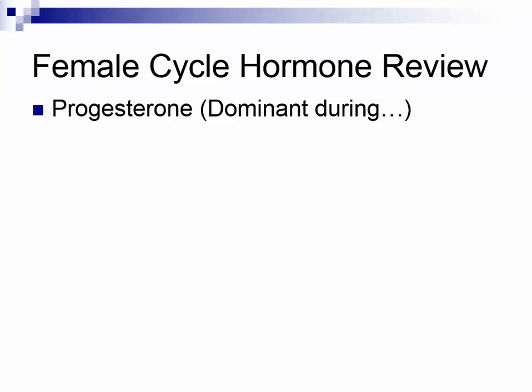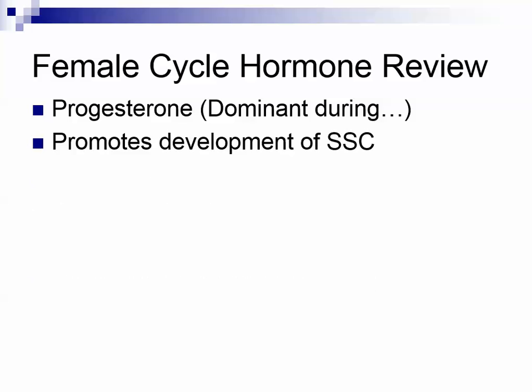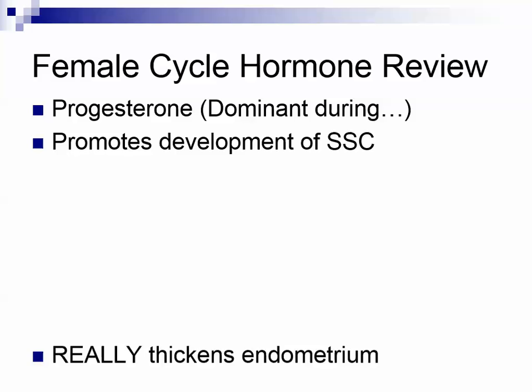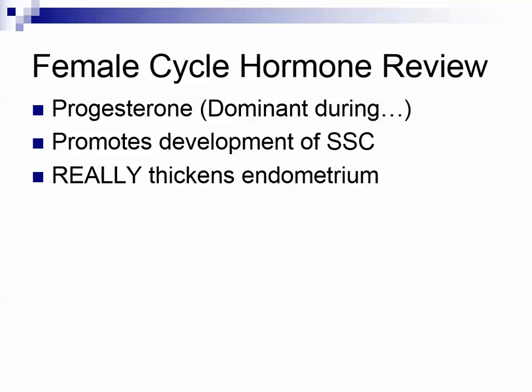Progesterone is dominant when? Hopefully you're thinking during the luteal phase, the second half of the woman's cycle, dominated by the presence of the corpus luteum. So progesterone, as it circulates throughout the female's body, also promotes the development of her secondary sex characteristics. It really, really thickens the endometrium.